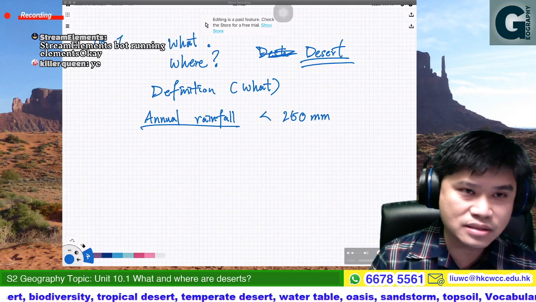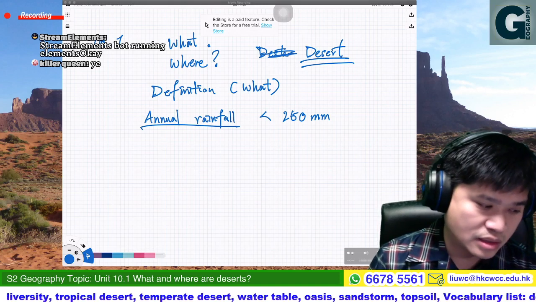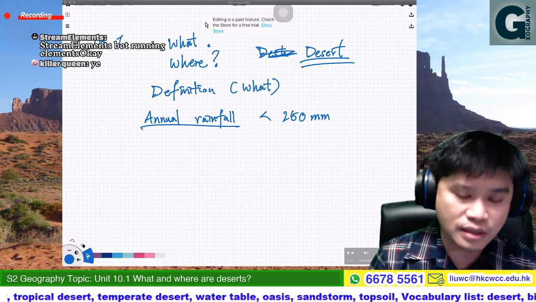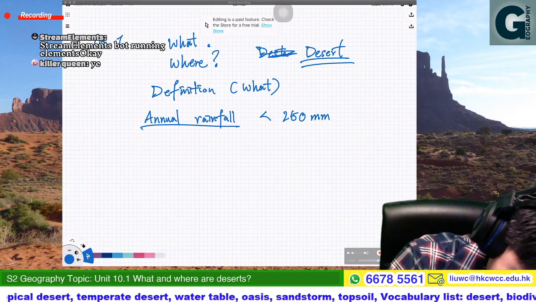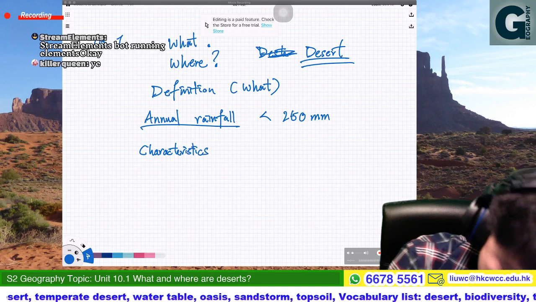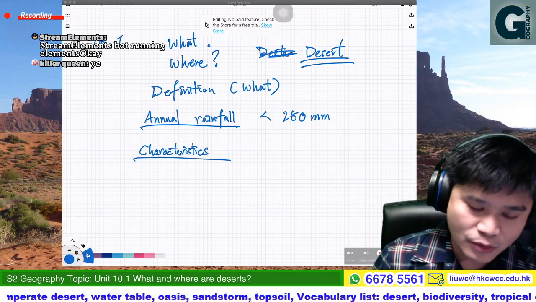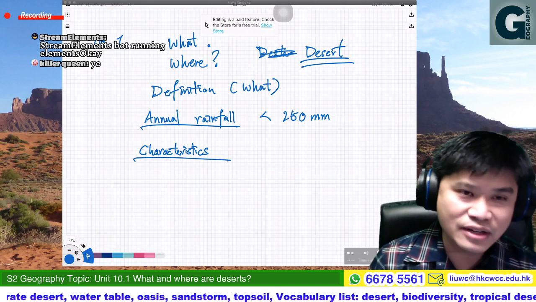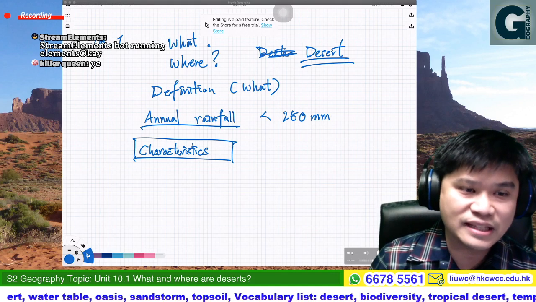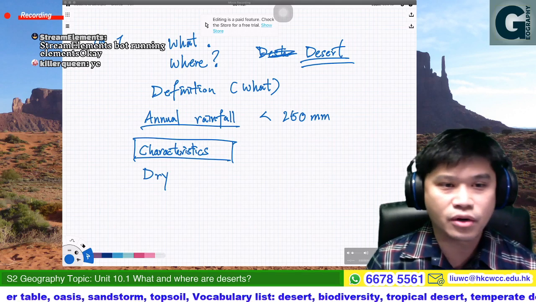And for some places with the annual rainfall less than 250 mm, that's it. So what should be the characteristics of that's it? You may mention the first one as the annual rainfall that is very low. Therefore, for desert, it must be very dry throughout the whole year.